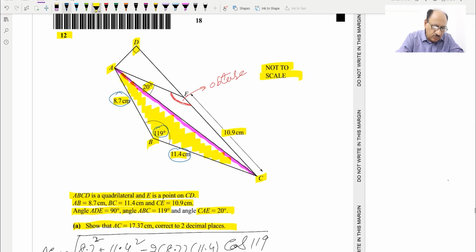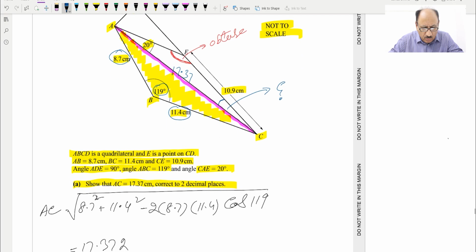ACE is this angle, so this angle is required. So what we have is, we have just calculated one side, which is 17.37, which is AC. So we can mention here 17.37 is this side, opposite to the obtuse angle. So we can use the sine rule for this one, and what will the sine rule be?